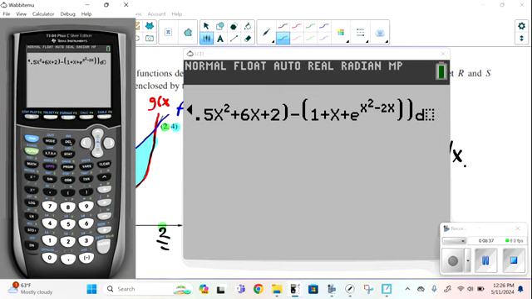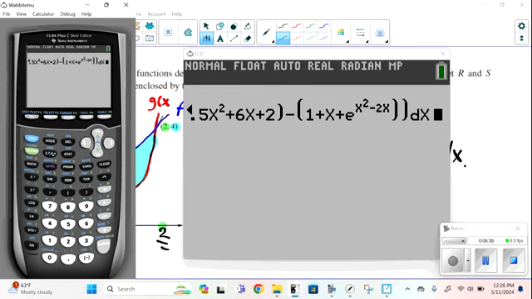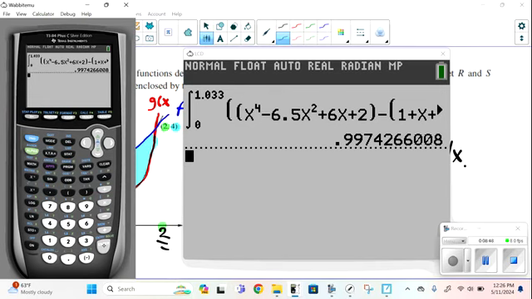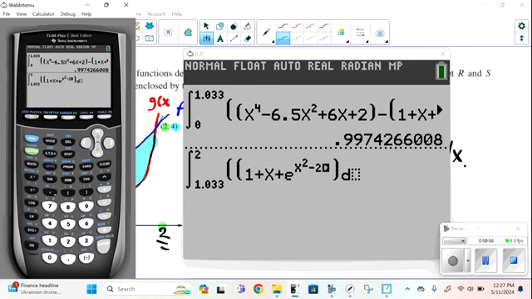I've got to do the whole thing again, but just switch f of x and g of x. There you go. Now I've got to do the whole thing again, but switch them and change the bounds. Math 9. Now I'm going from 1.033 to 2, but this time f of x is first. 1 plus x plus e raised to the x squared minus 2x.